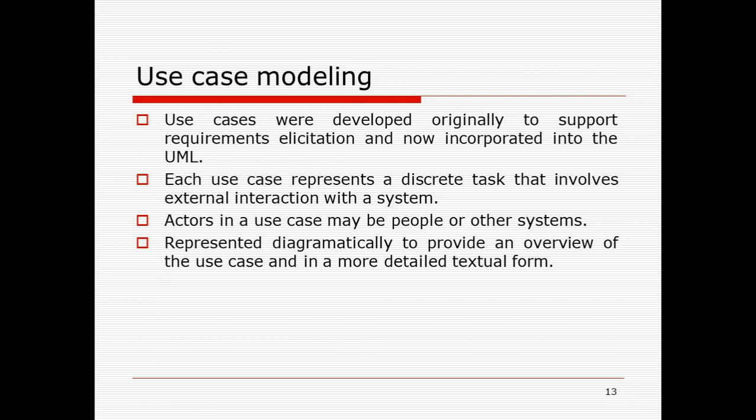So each use case represents a discrete task, and all these use cases involve external interaction. That is, the tasks that involve the external interactions. So as I have discussed in the previous slide, the actor can be either a user or it can be an external system also.